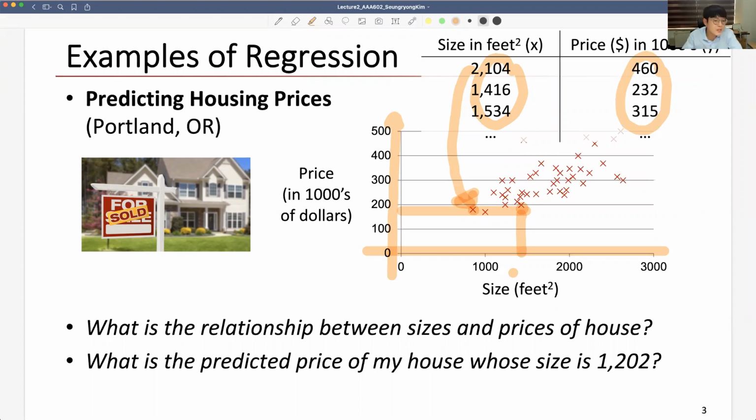The second question is, what is the predicted price of a house whose size is about 10,200 or something like that? These two kinds of questions are the objective of the regression problem.